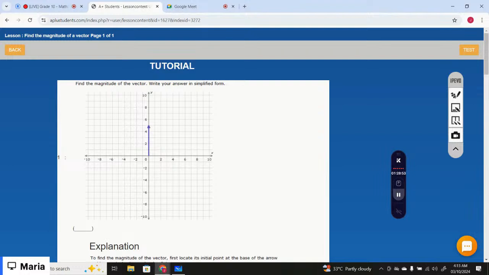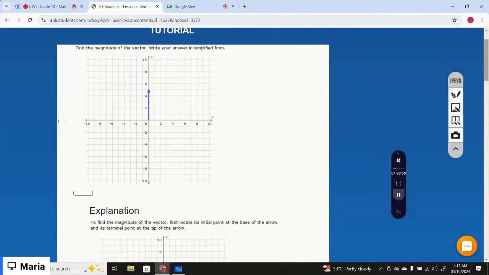Okay, so you are given a vector. You need to find out the magnitude of the vector.